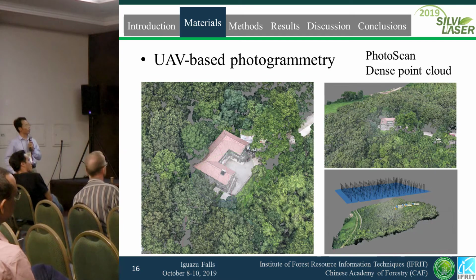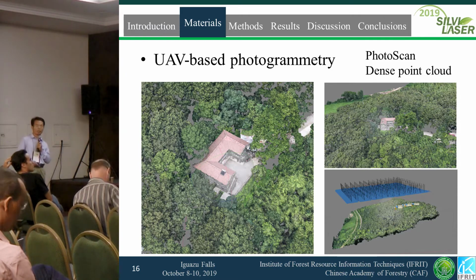We use PhotoScan to generate the point cloud. Here I want to mention that with this software, you can choose different options. The important one is how to select the point filter method. It has three options: mild, medium, or aggressive. We use mild.